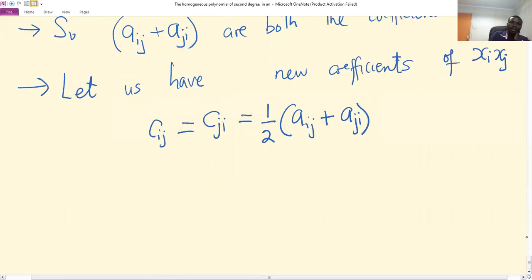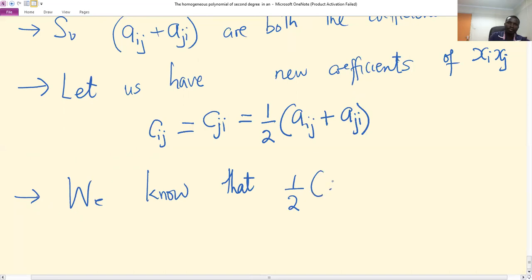Now, from our study on symmetric matrices, we know that a half of a matrix plus its transpose is a symmetric matrix.